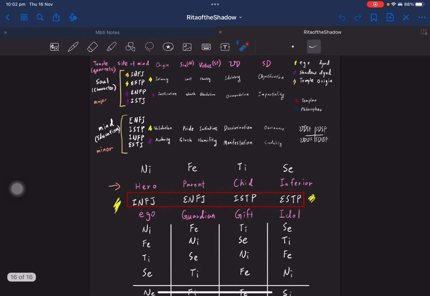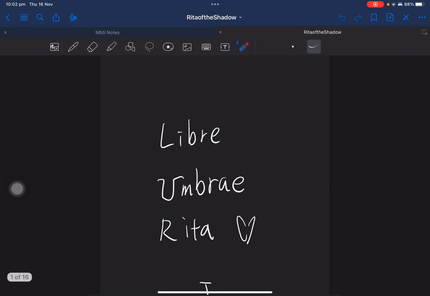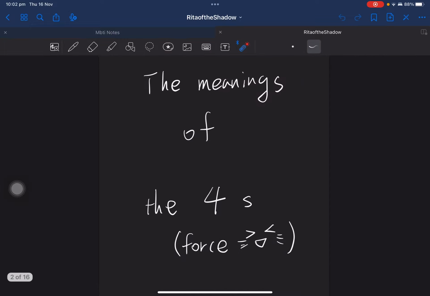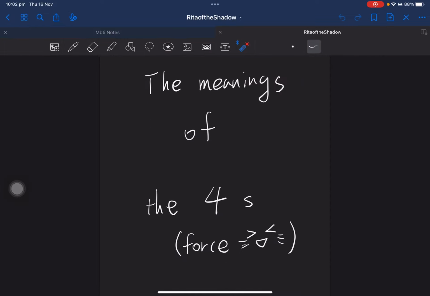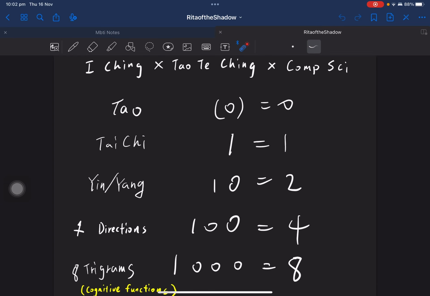So to talk about this, the meaning of 4, let's go back to the beginning, shall we? Let's take the time machine and go back to the beginning. So the meaning of 4s. In the beginning there was nothing, and then there's 1, and then there is 2, and then there are the 4 directions, and then there are the 8 trigrams.